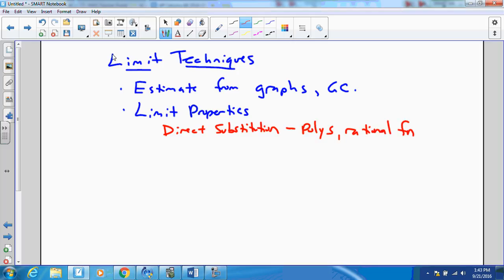And although we haven't fully gotten there yet, I have given out a sneak teaser. In general, it's going to be any continuous function. And then in addition to the limit properties, we also had the algebra theorem that led to a couple of techniques of cancellation and rationalization.